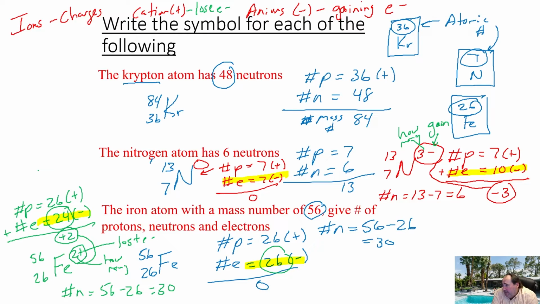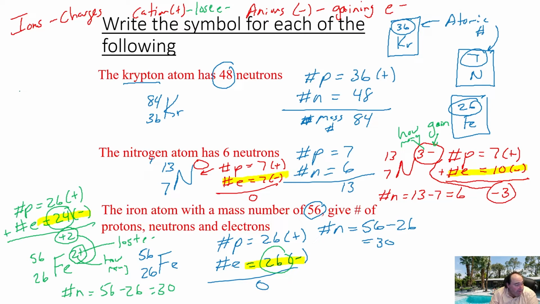And again, we're doing that because in a neutral situation, the protons and electrons would be the same. So if you're starting with neutral, it'll be the same number of electrons as your atomic number. And you could just either add or subtract to it depending on if it's a positive or negative charge. So why don't you try a couple here?